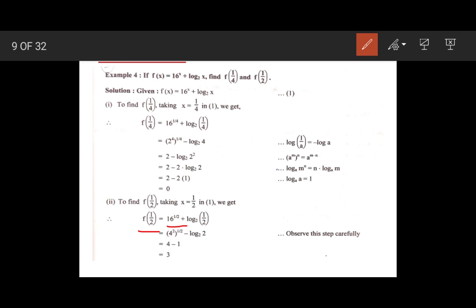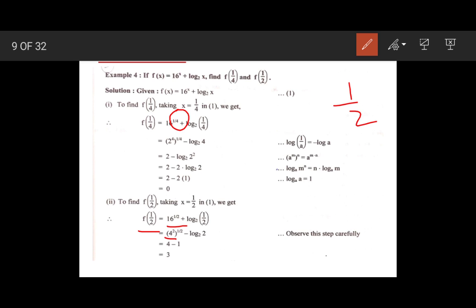Now this 16 can be written as 4 square, right? Why I am not writing this 16 as 2 raised to 4? Because here index is 1 upon 2, where previously index was 1 upon 4. That's why I am writing 16 as 4 square.